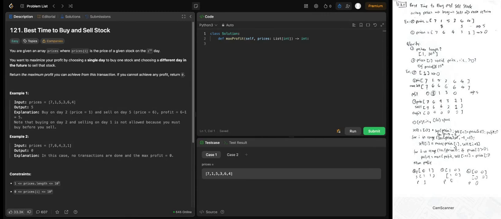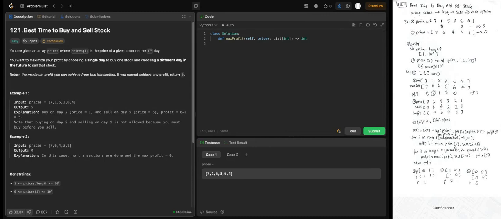So you buy on day 2, price 1, sell on day 5, price 6, profit is 5. Note that buying on day 2 and selling on day 1 is not allowed because you must buy before you sell. You need to buy and then sell. You cannot sell and then buy.